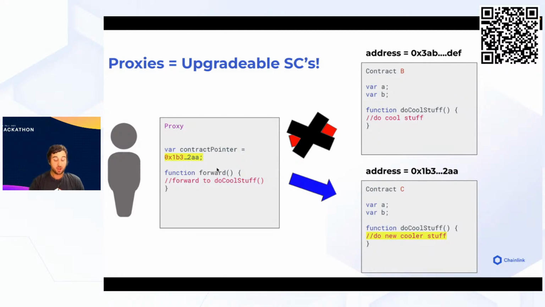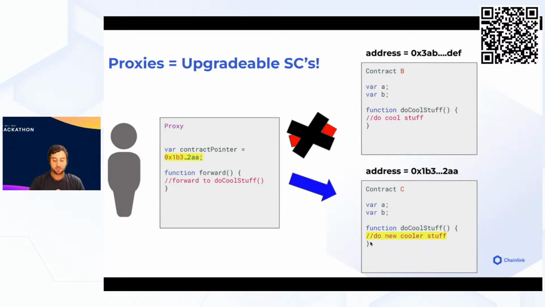And so with a proxy contract, we can actually change the contract that it points to. And this lays the foundation for proxy style upgradable smart contracts, right? So here in this diagram, we've now changed this variable contract pointer. And instead of saying it's this address up here for contract B, we've put the address for contract C. The same function forward is still there and it's still forwarding to do cool stuff.